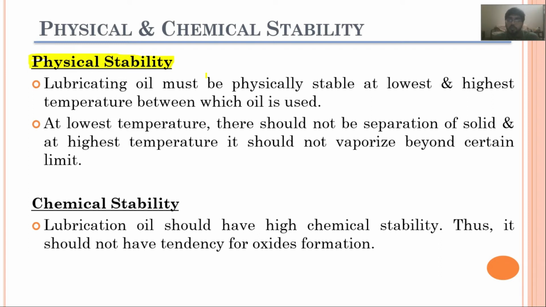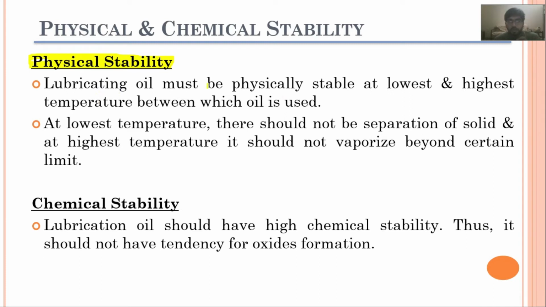Even at the lowest and the highest temperature at which the oil is going to be used, it should maintain its physical stability, it should not separate these components, and it should not vaporize beyond certain operating limits of temperature.